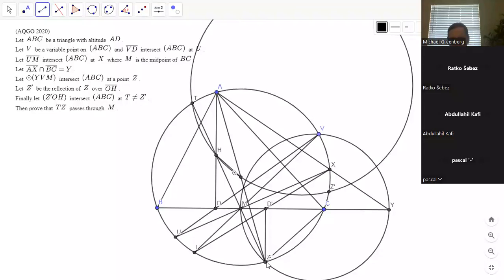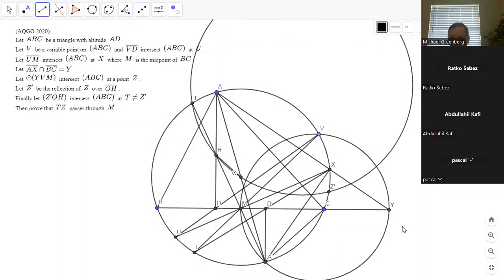That is because H and O are isogonal conjugates, so it is very easy to prove. And because AZ prime is the diameter, we have that Z prime XY is 90 degrees. So yeah, we have a secret.